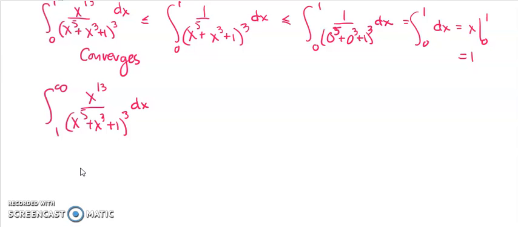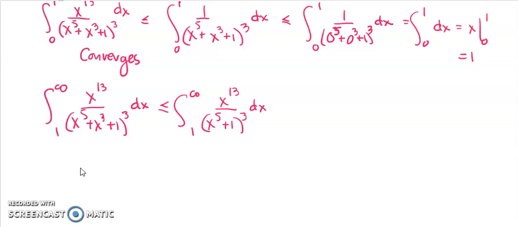I'm going to make that bottom smaller, which makes the fraction larger. So that's less than or equal to the integral from 1 to infinity of x to the 13th over (x to the 5th plus 1) cubed. I dropped my x cubed, made the denominator smaller, made the fraction larger.